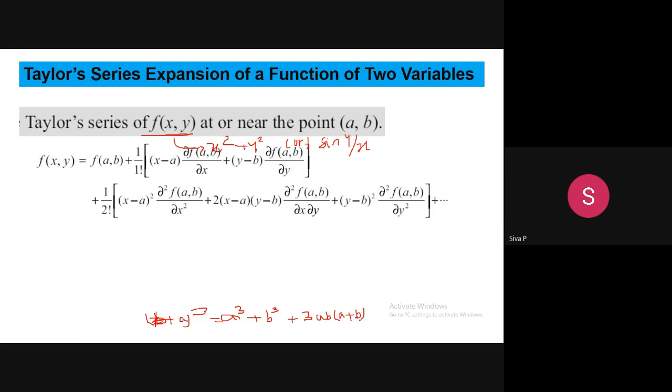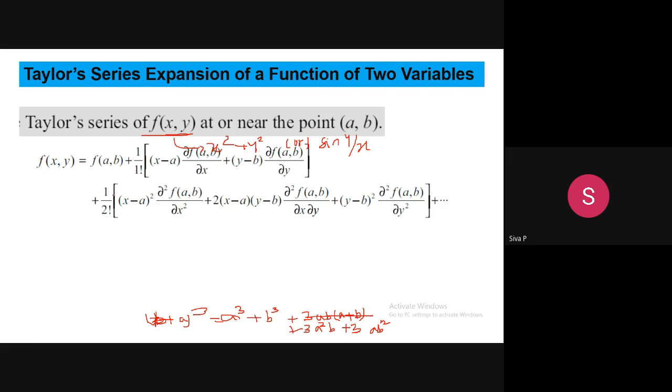So instead of this, we can write 3a square b plus 3ab square. So (a plus b) whole cube is a cube plus b cube plus 3a square b plus 3ab square. Okay, is it not?